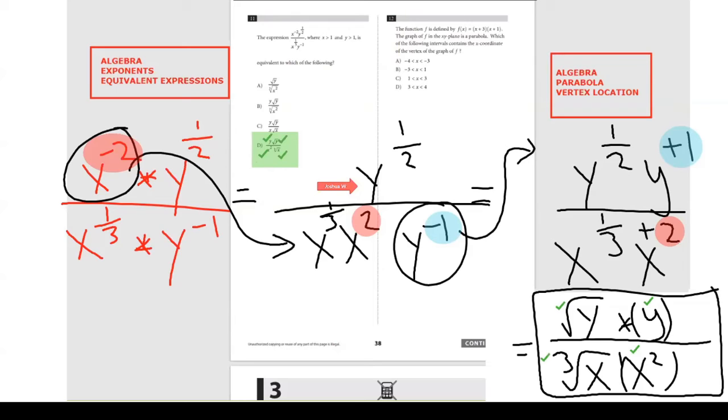Very good. So that's perfect. So D was correct. That's an equivalent expression. It was sorted with y variables in the numerator and the x variables in the denominator. Very good. All right, any questions on number 11?